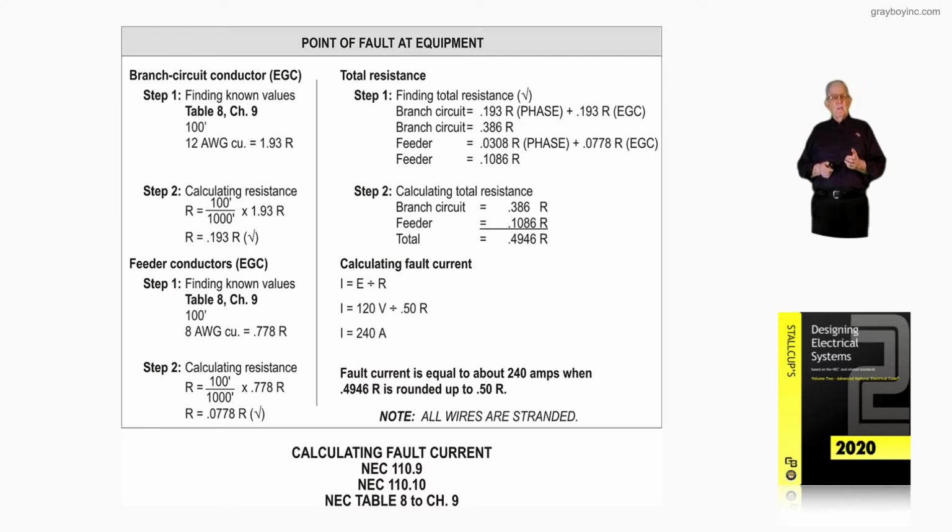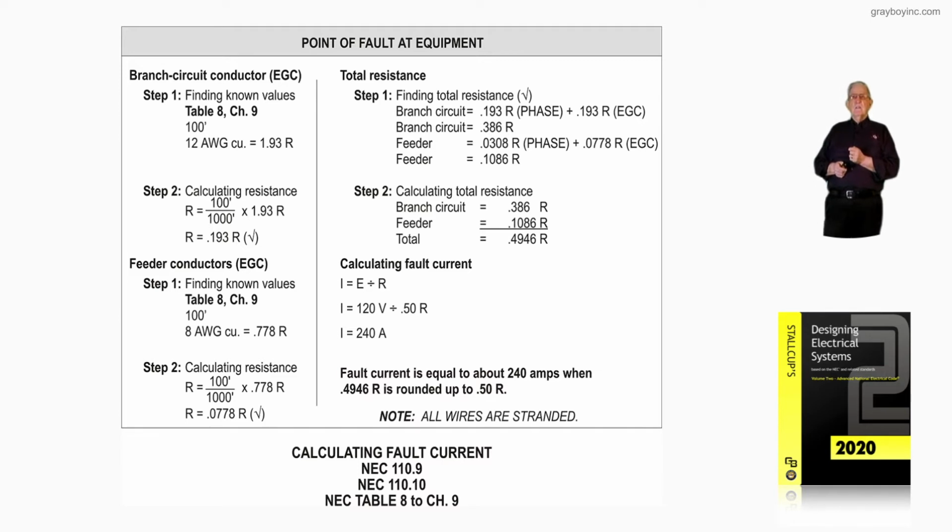Now the feeder, 100 foot, number 8, and the table listed 0.778 is our resistance, or resistivity, if you want to call it. And 100 foot of it divided by 1,000 foot times 0.778 would give us 0.0778 is our resistance for that total run. Now, the total resistance added together, the branch circuit, we had 0.193.